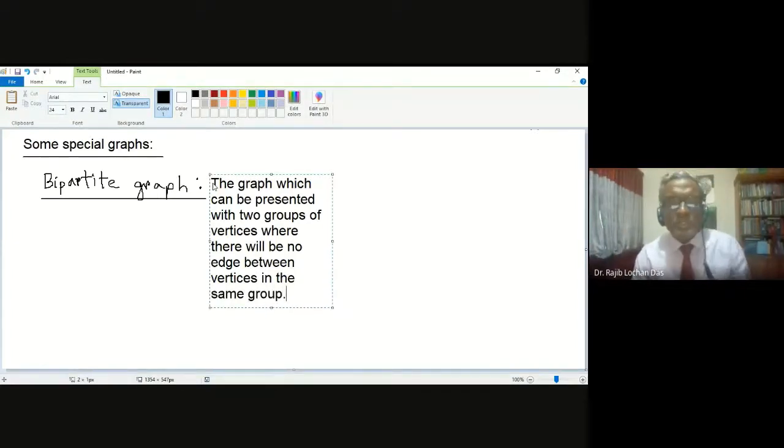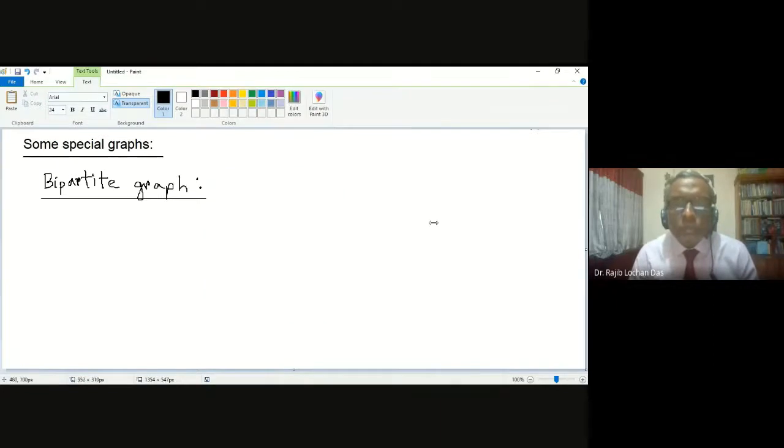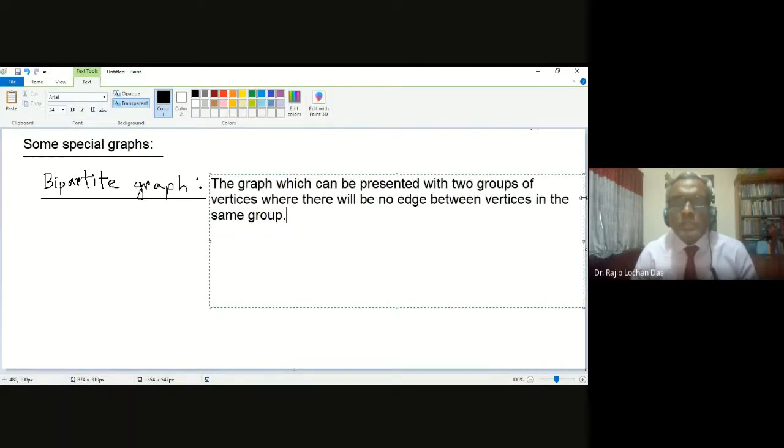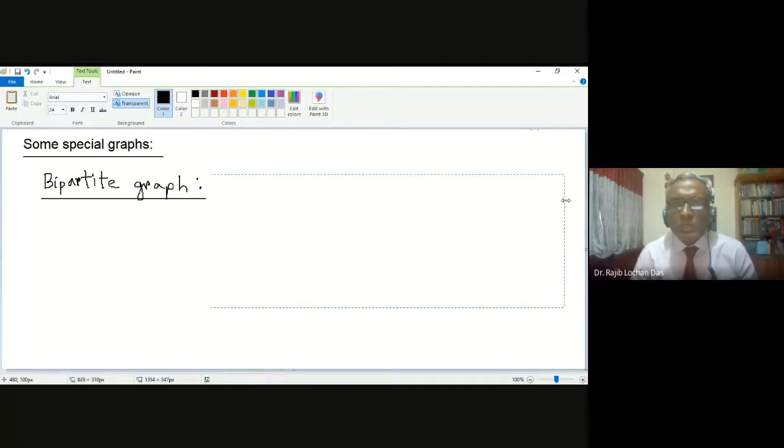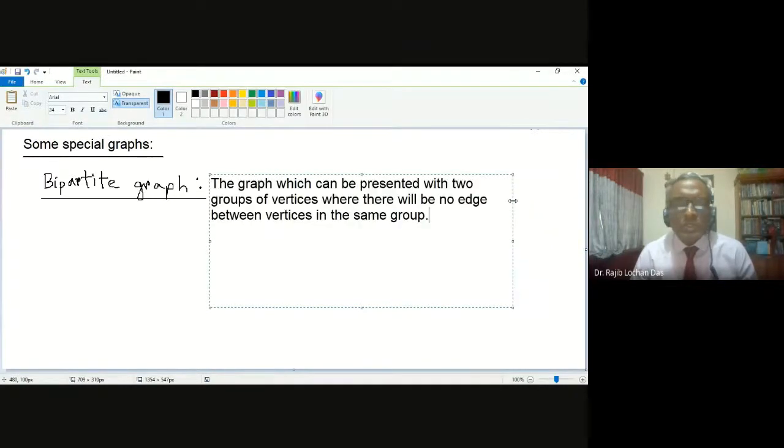So this is the definition. What I mean by that, I will tell you and then you will understand. So this is the definition of a bipartite graph.